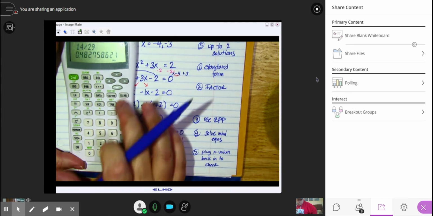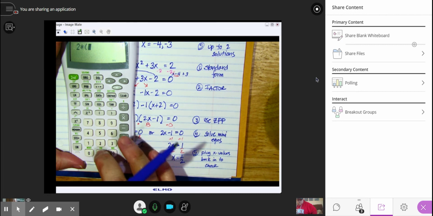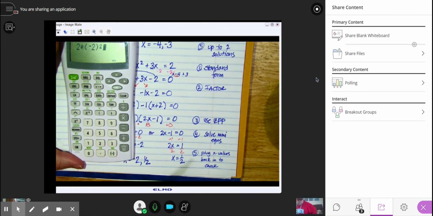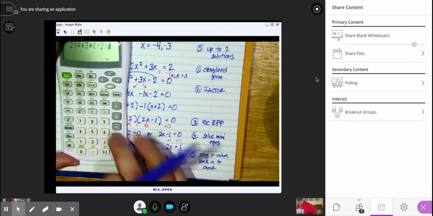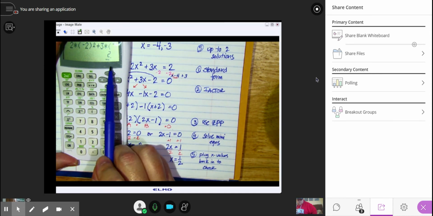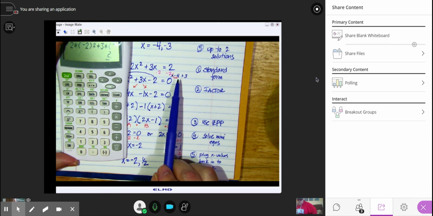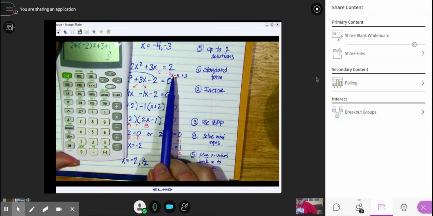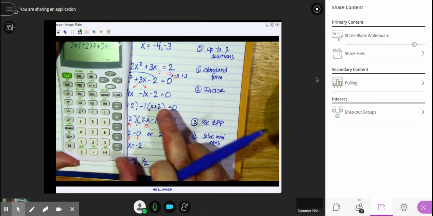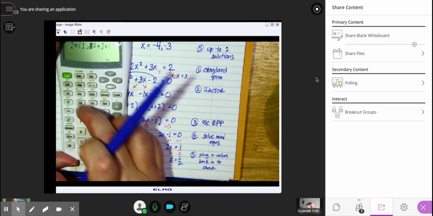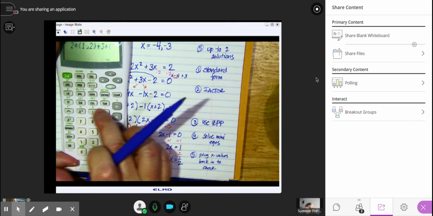Right, so if I clear this out, if I do 2 times negative 2 squared plus 3 times negative 2, look at that, I got a 2. I was supposed to get a 2. And, well, you can do the fraction button, 1/2.